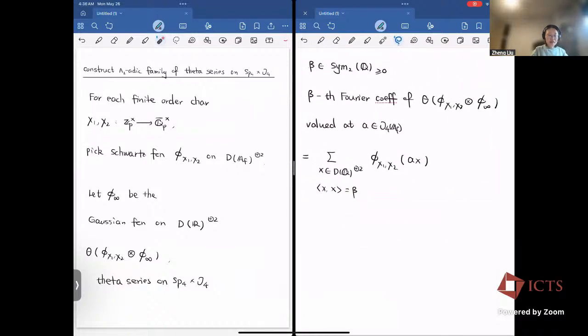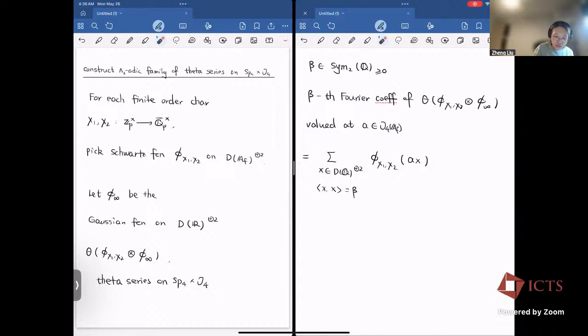So I will take a beta from the non-degenerate semi-positive definite elements in the symmetric 2x2 matrices with coefficients in Q. These are the indices for the coefficients on GSp4.